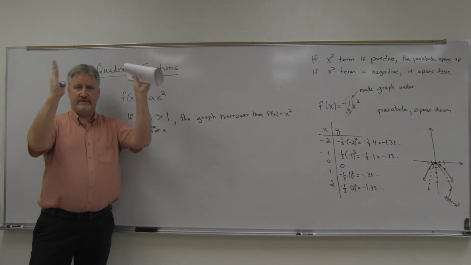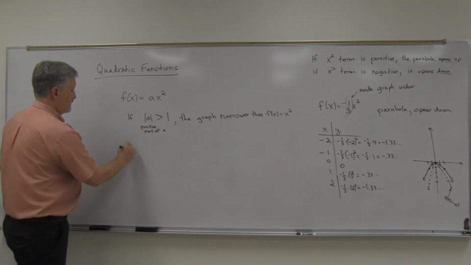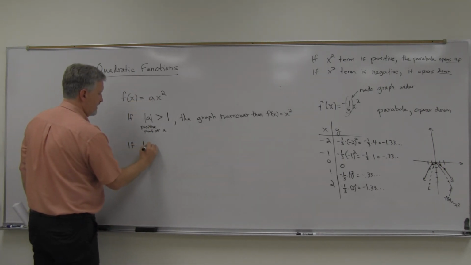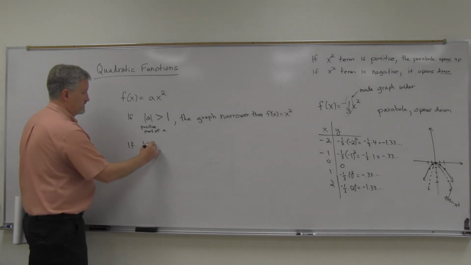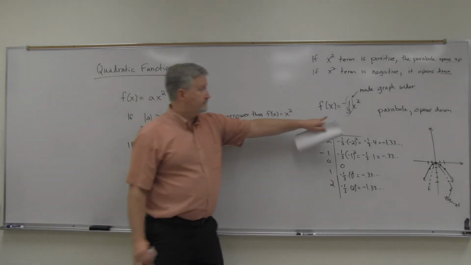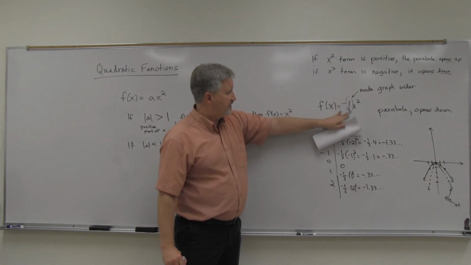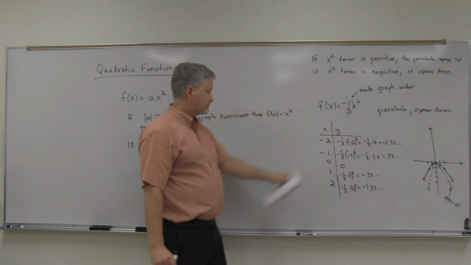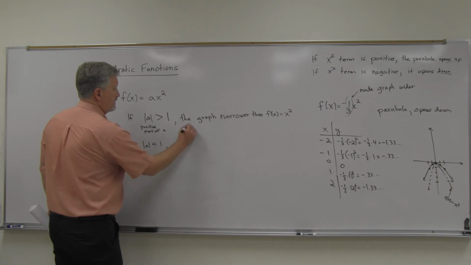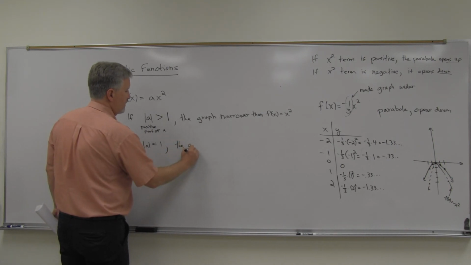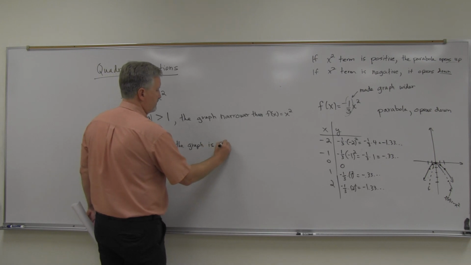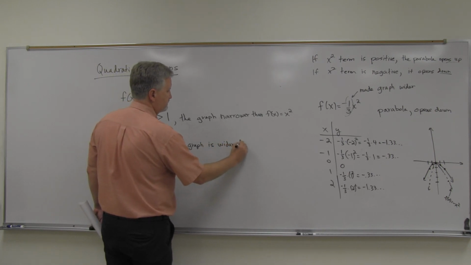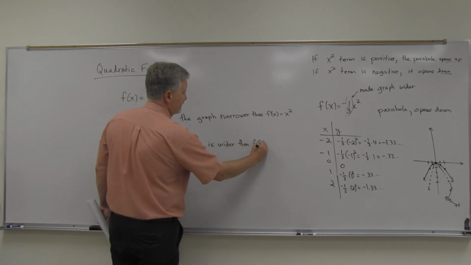So the graph was narrower. If that absolute value of a, just the positive part of the a, is less than 1, like this one, just the positive part there, that's less than 1. If that's less than 1, the graph is wider than f of x equals x squared.